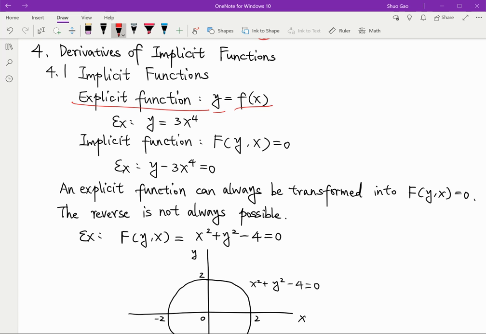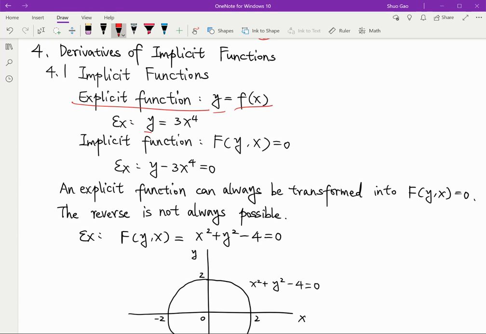So we can write y on the left-hand side, and on the right-hand side of the equation, it's only about x, right? There's no y on the right-hand side. In this way, we say that we have an explicit function, where y is a function f(x).